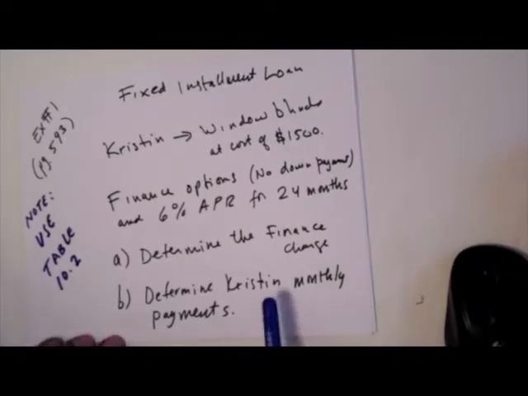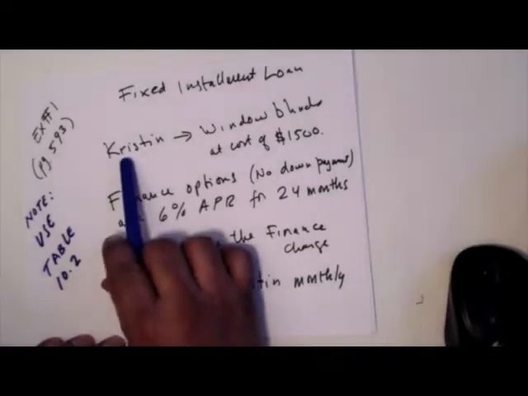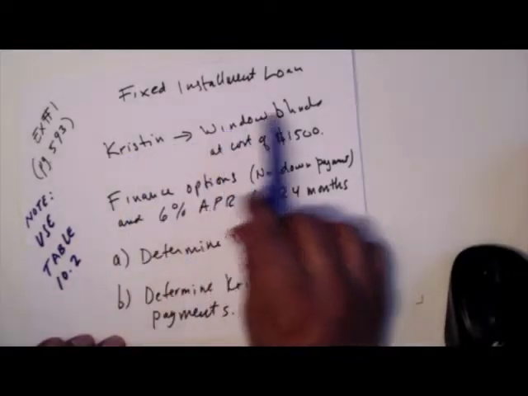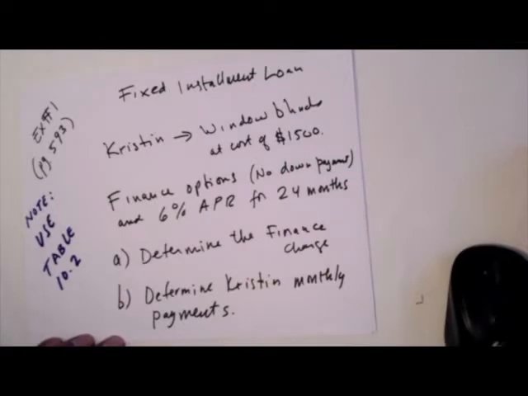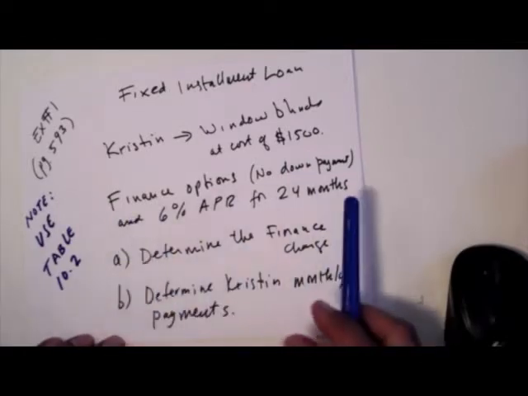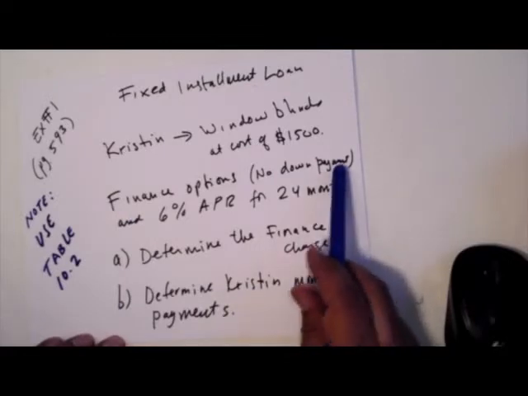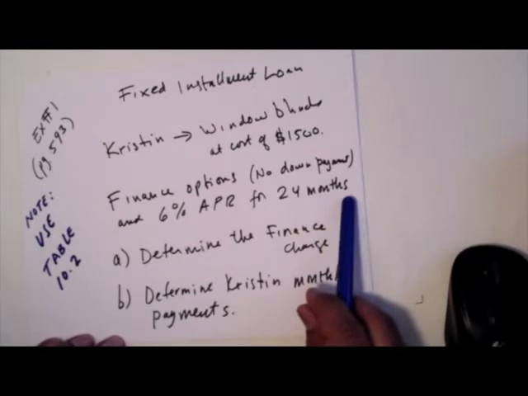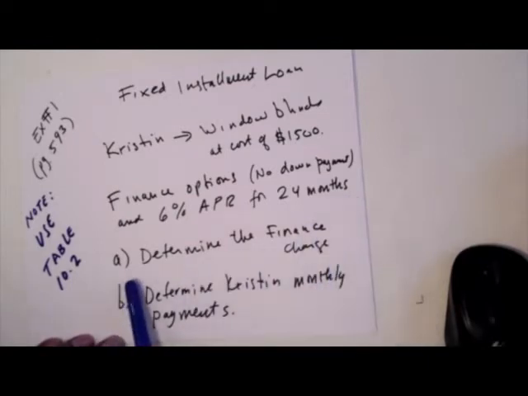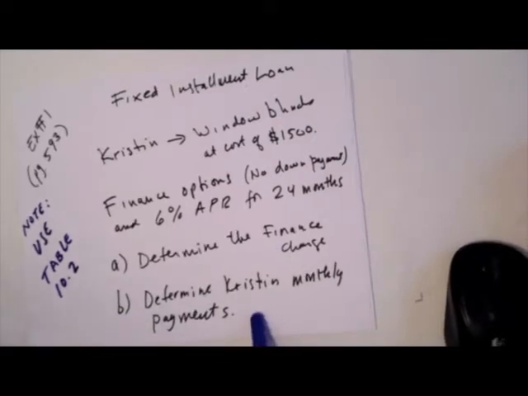So Christine wants to get some window blinds at a cost of $1,500. The finance options from the store are no down payment and 6% APR for 24 months. The questions: A, determine the finance charge, and B, determine Christine's monthly payments.